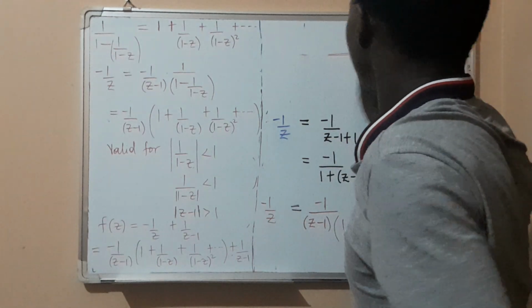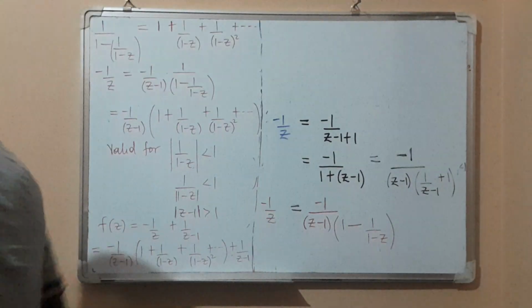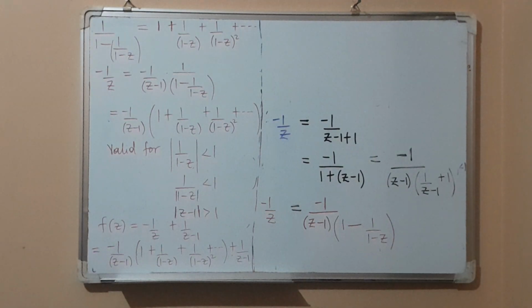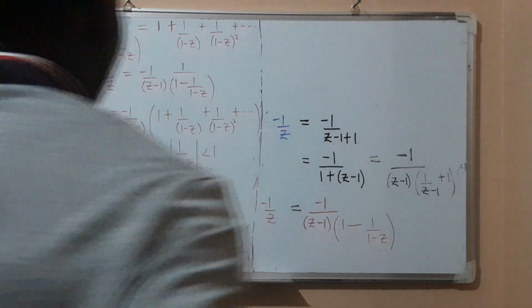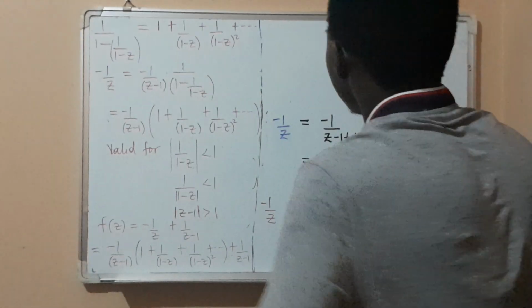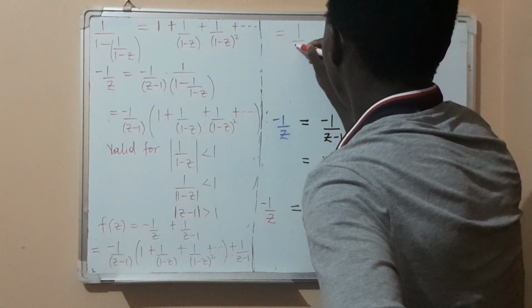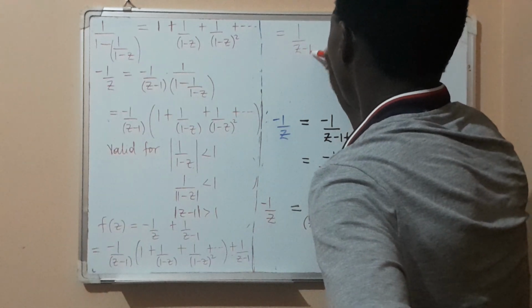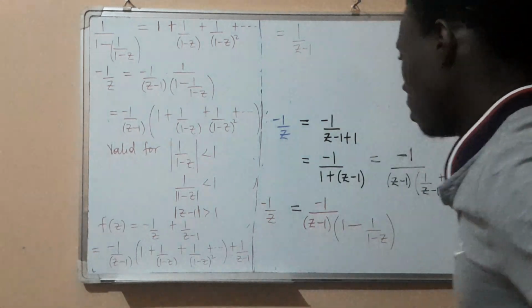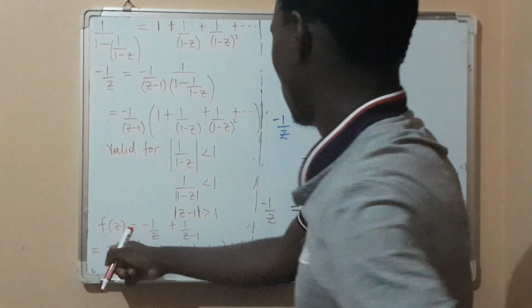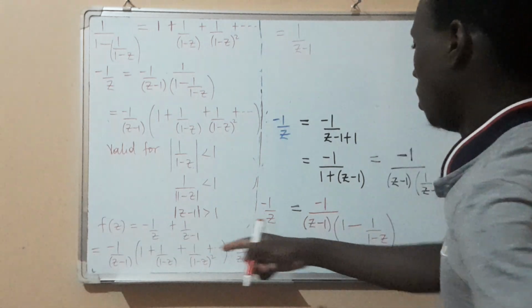What should we do next? Oh, we simplify this thing. How are we going to simplify it? I can start by writing this. So this is equal to 1 over z minus 1, this last term, followed by, you expand this.